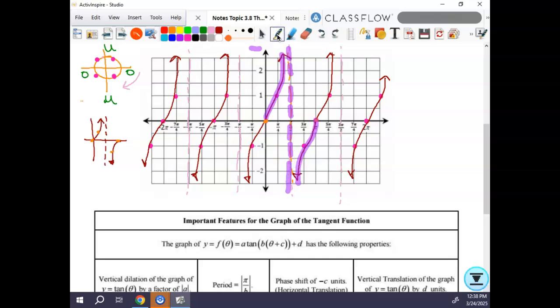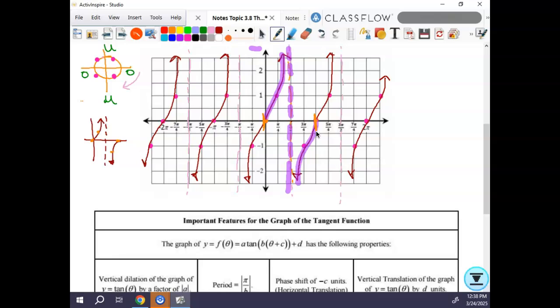It's just that part of it, because then here, it just starts over again. Would you agree with that? You see how it just starts over and the same thing happens? So that's one cycle that I highlighted in purple. So if I start at 0 and I end here, what is the period for the parent function of tangent?